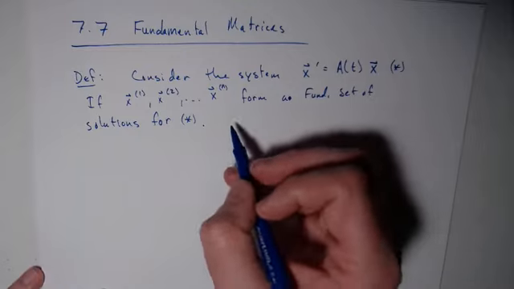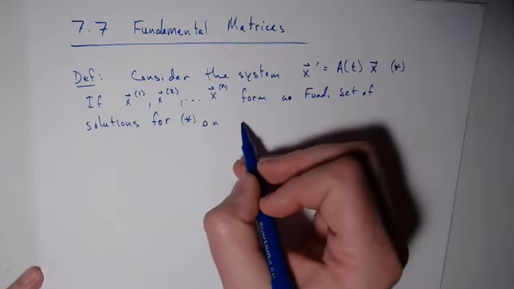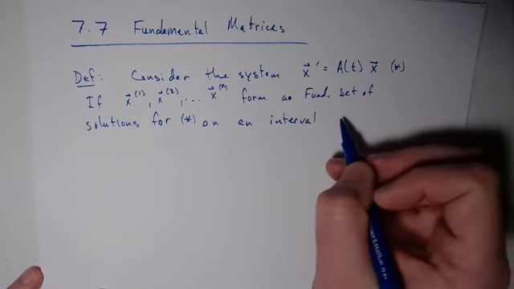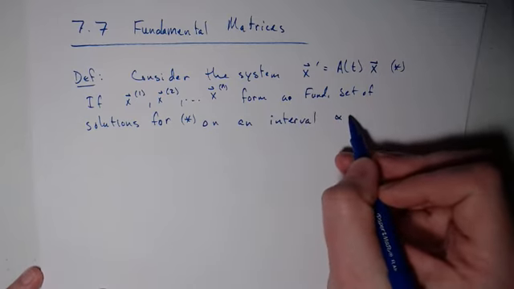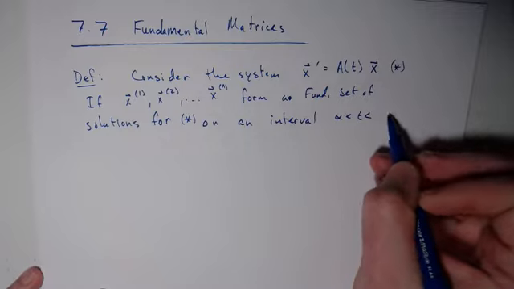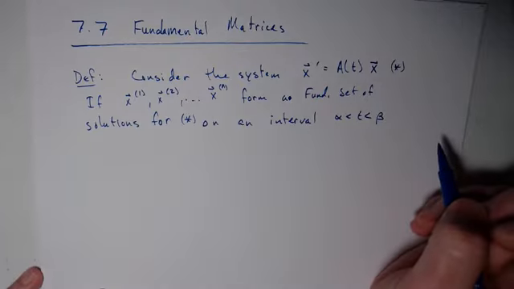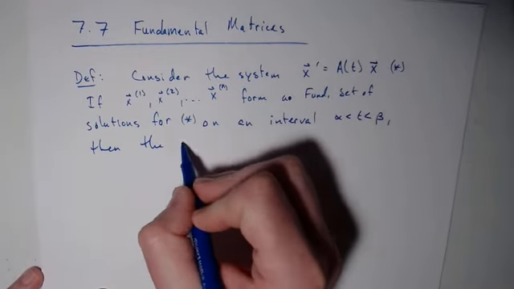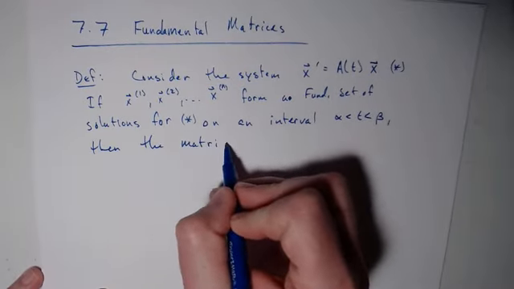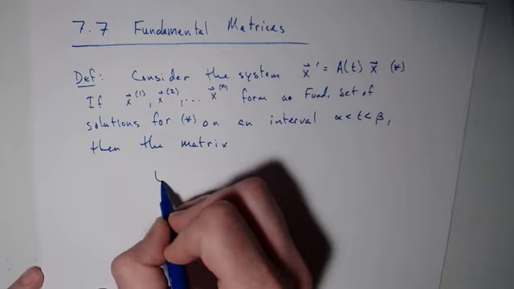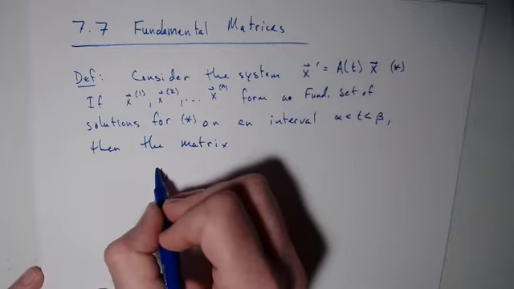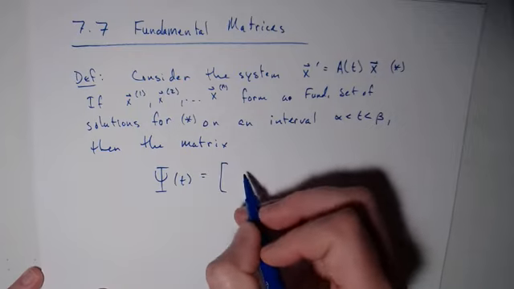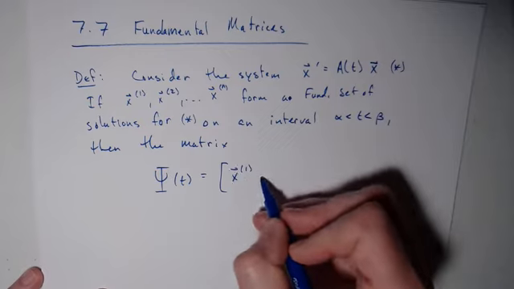Let's see. On an interval, usually our interval is the whole real line, just like we've been doing, or maybe 0 to infinity sometimes. Then the matrix, and we're going to use a capital psi of t, which is just the matrix made up of your fundamental set of solutions.